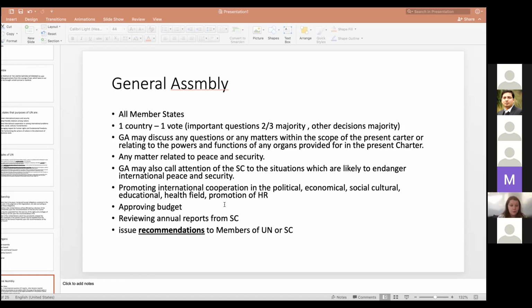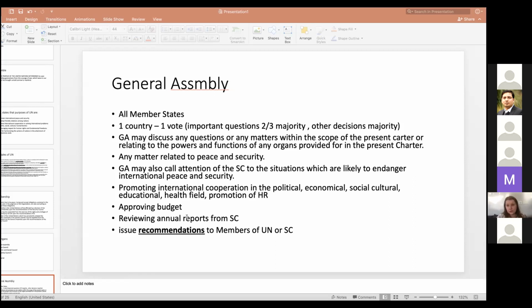Also approving the budget and reviewing annual reports from the Security Council. What is very important, it can issue recommendations to members of the UN or to the Security Council.